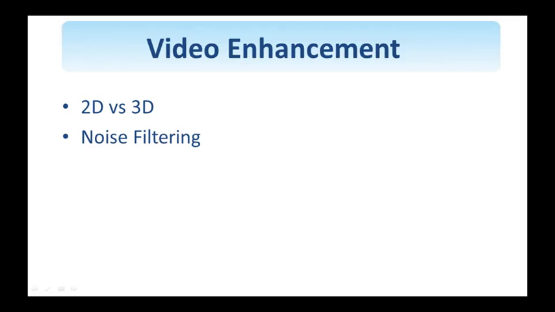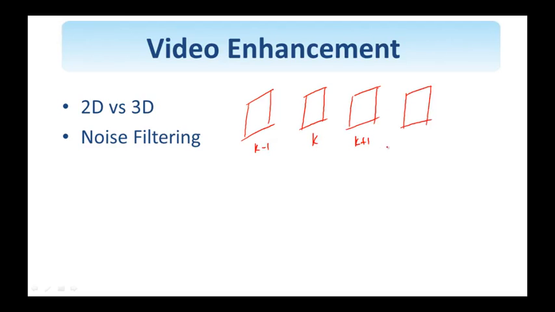So if we look at a set of consecutive frames, frame k, k minus 1, k plus 1, k plus 2, I can consider the pixel at the same location, and then a time domain one-dimensional signal results this way. So both of these approaches, 2D spatial filtering or 1D temporal filtering, were tried first in filtering noise in video.